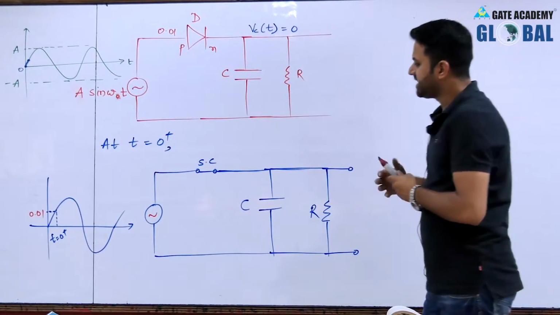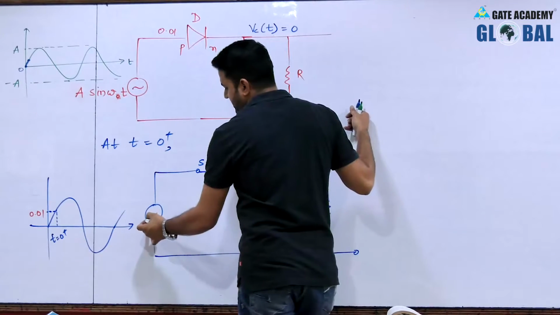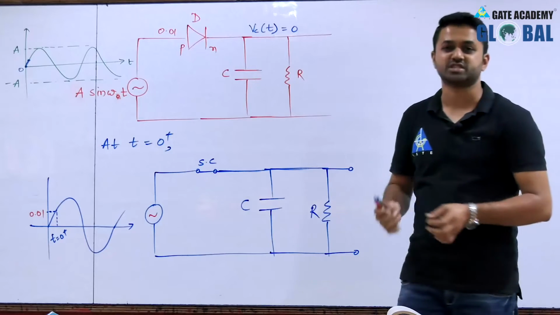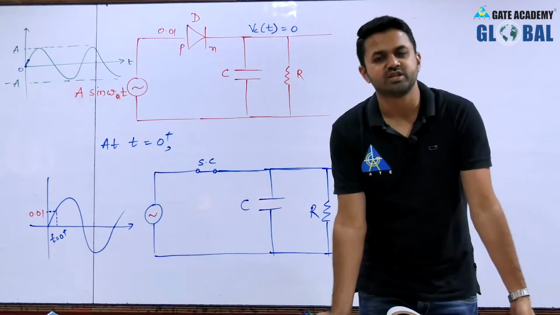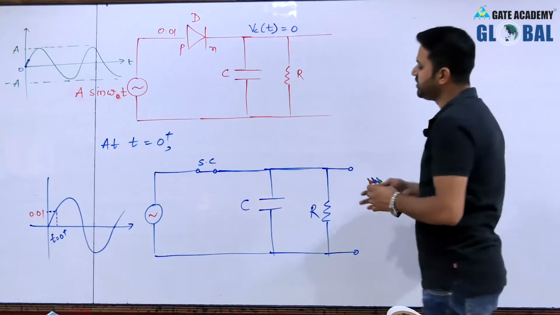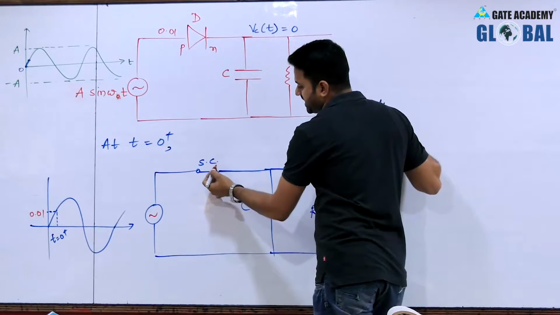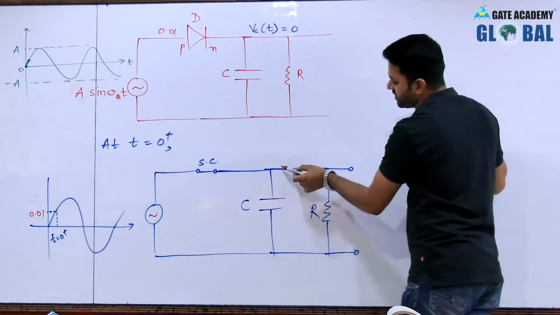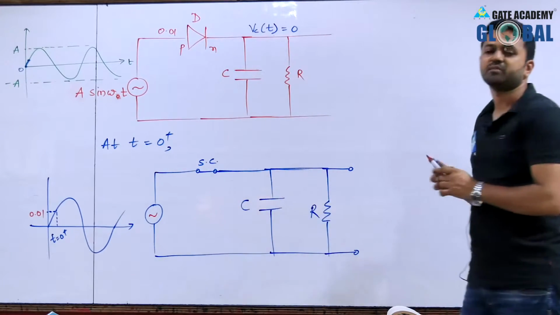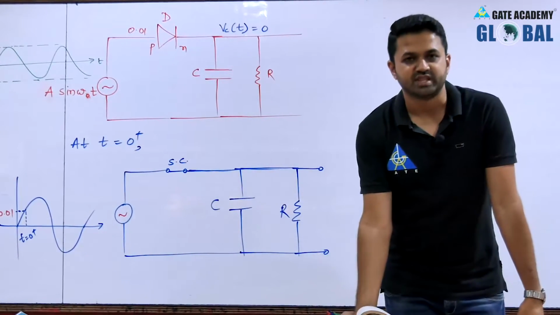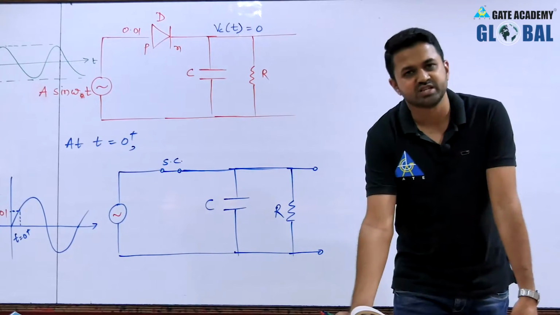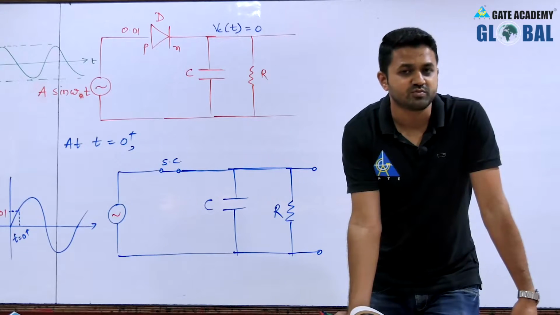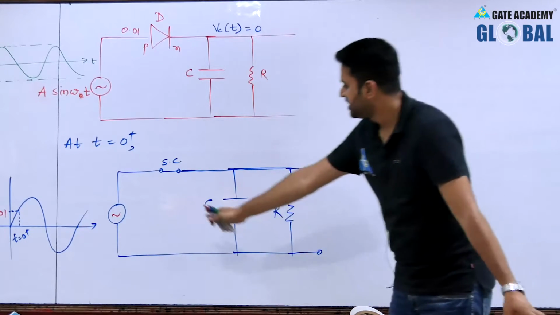So I am saying that if at time t equal to 0 plus the input has some positive value, then the diode is forward biased, and when the diode is forward biased, it is short circuited, and whatever the input is will come across the capacitor, and the capacitor will charge with that value. So if your input is 0.01, then the voltage across the capacitor is also 0.01, because it is short circuited.